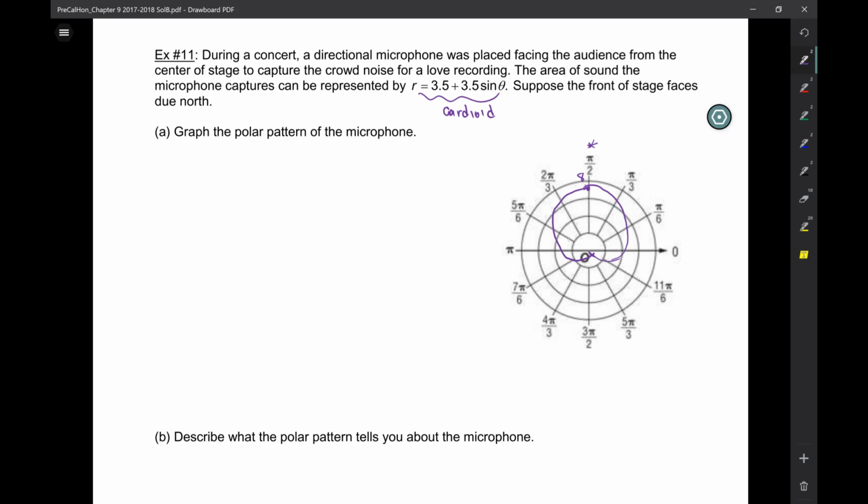But this is what it looks like, right? Because what is it? It hits a maximum here, and then the radius, okay, it's sine. How does sine work? Sine starts at 0 and increases. Okay, so starts at 0 and radius increases and so on and so forth. So that's how it looks. So there is a little dimple there.